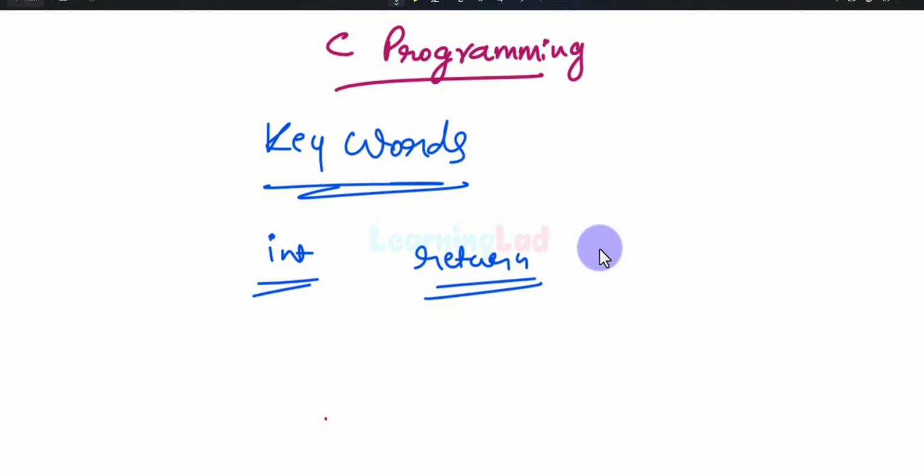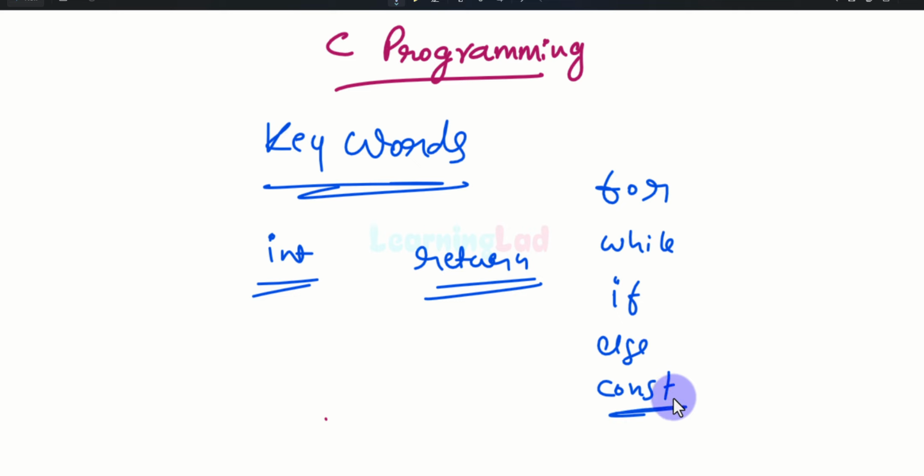We have many other keywords. For example, we have for, while, if, else, const, etc. Later in this video series, we will learn about all these things in detail. So just remember that keywords are nothing but special words whose meaning is already defined in the language.